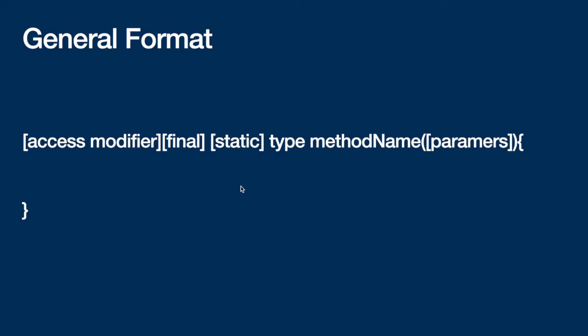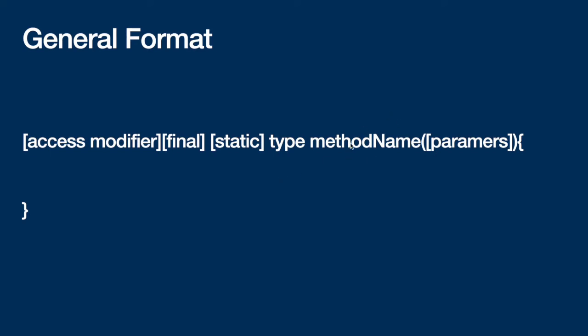That means it is available for the class even before it is instantiated, and it is called without any class instances. The type is a required component while defining methods, and we will see what we can address with the type in methods.